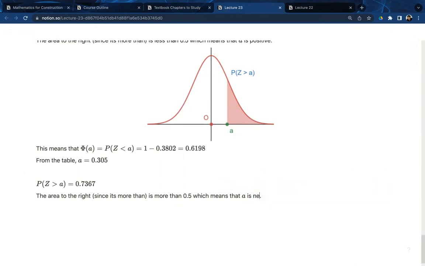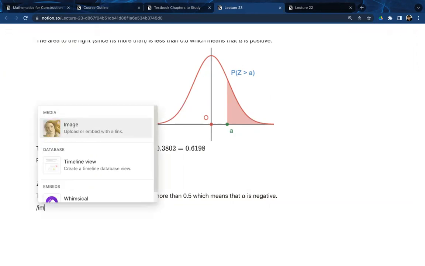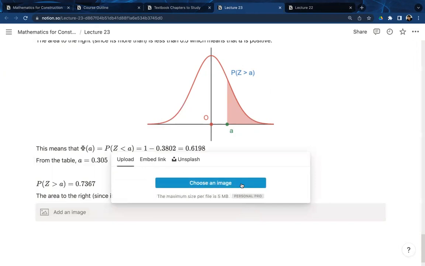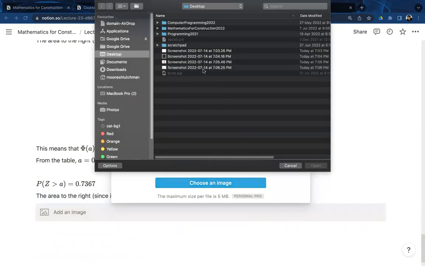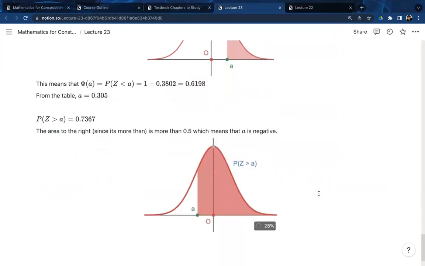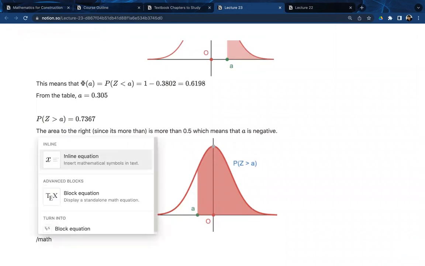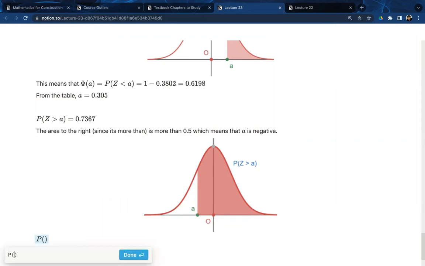So A had to be negative, right? So what's the image we have for that? Something like this, right? A is a negative value. So we could write, probability that Z is more than A is equal to the probability that Z is less than minus A by symmetry, right?